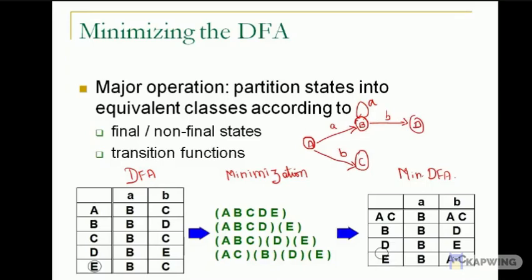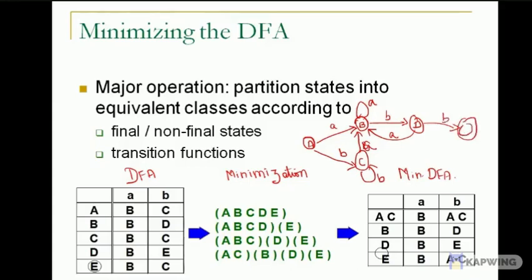C on input symbol a moves to B. C on input symbol b, self loop. D on input symbol a moves to B. D on input symbol b goes to state E.